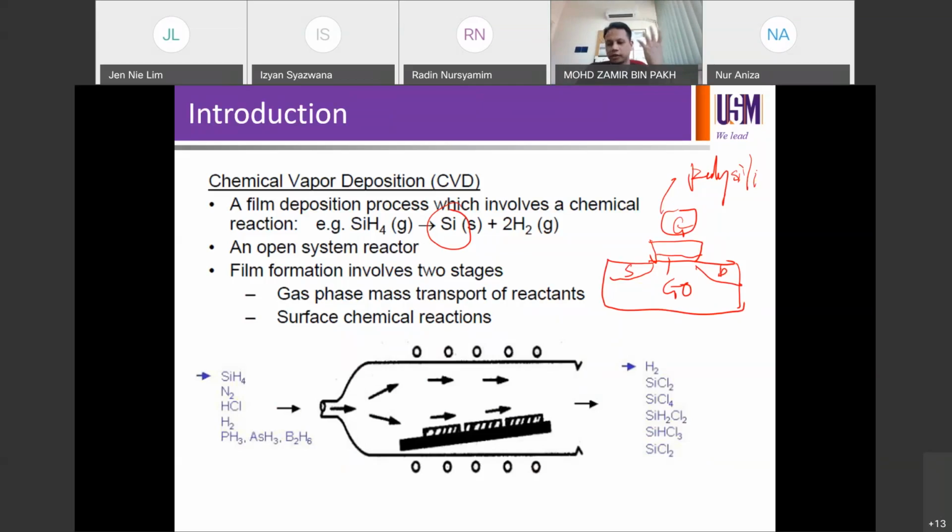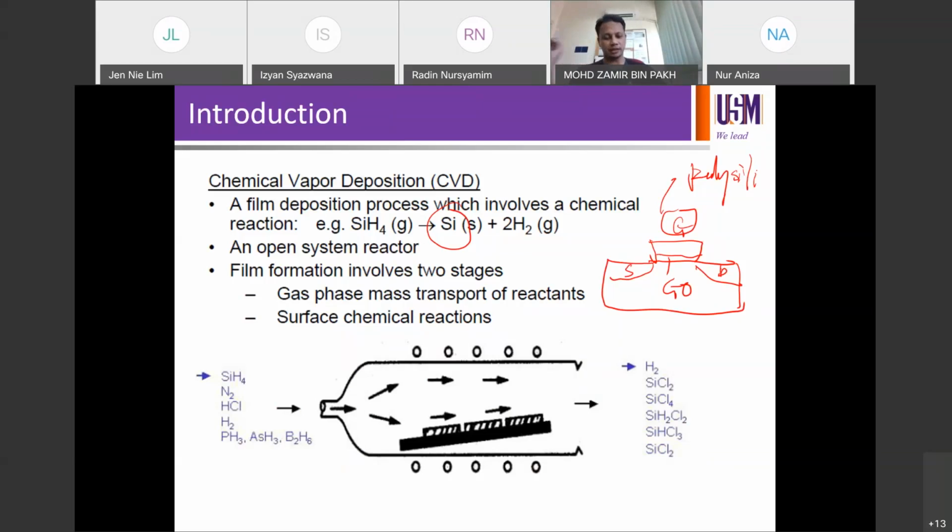Previously we learned that silicon usually comes from the ingot, by Czochralski, float zone, wafer, monocrystal, and so on. You can also have silicon deposition. In this case, it can be done by CVD. If you want to relate to previous methods, you can have electron beam evaporated silicon. You can also have sputtered silicon.